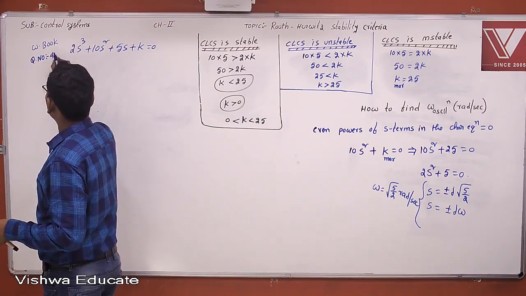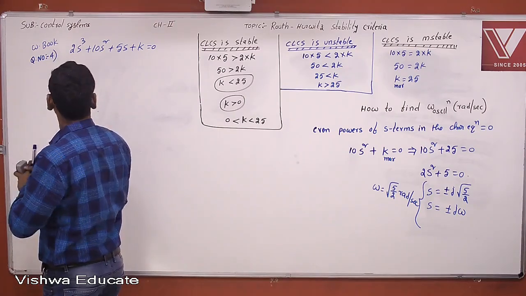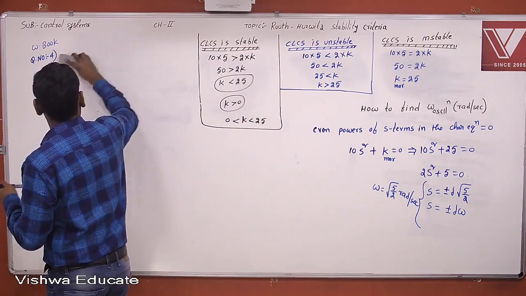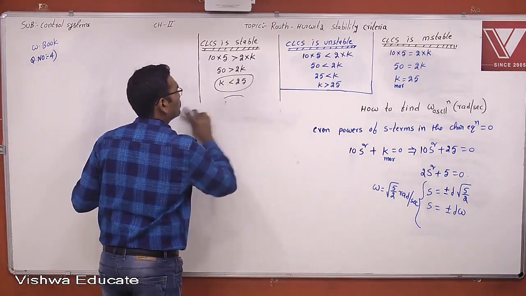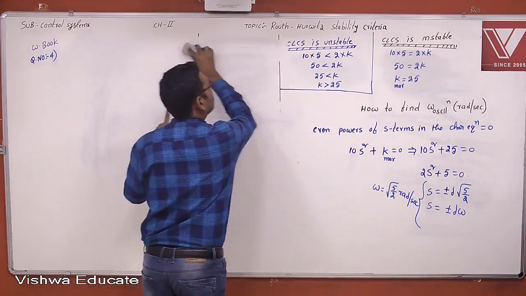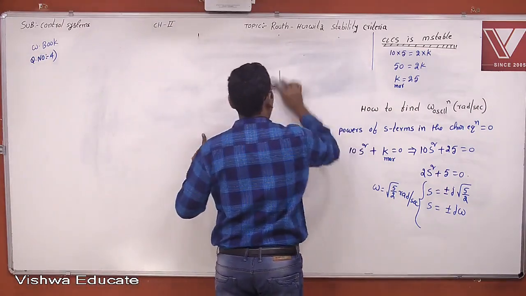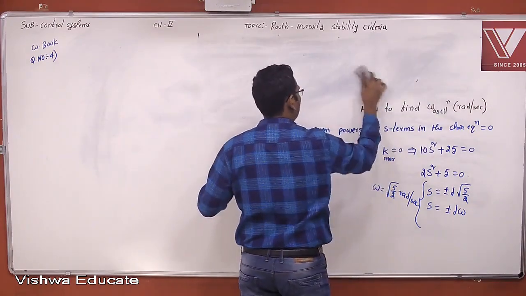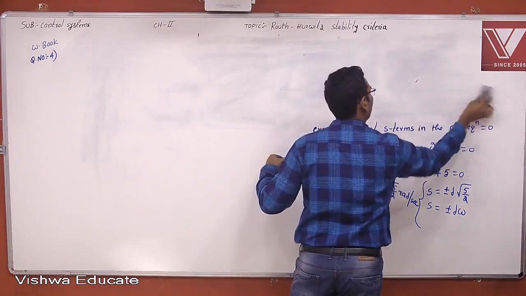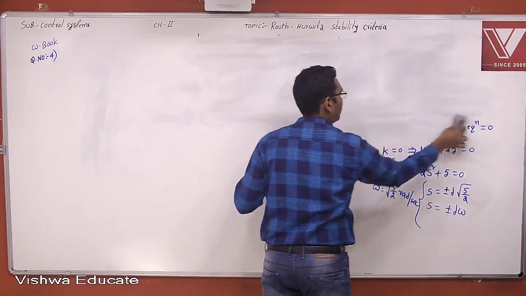Now in our workbook question number 4, if it is order 3, use this shortcut method to find the closed loop control system stability.